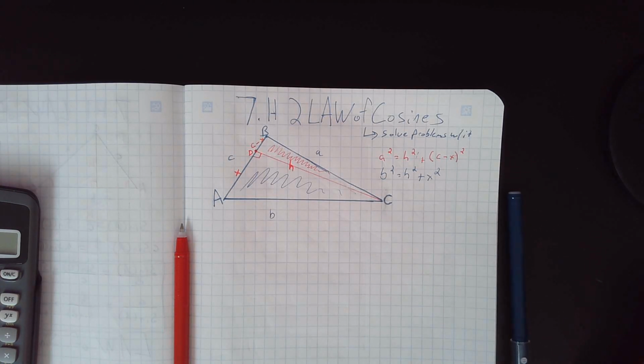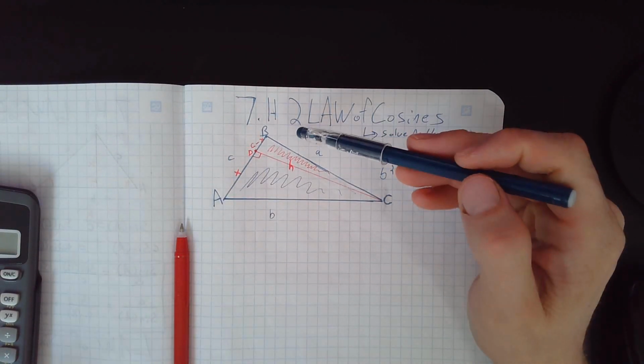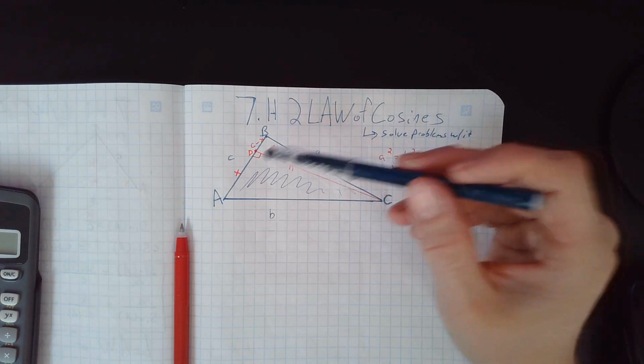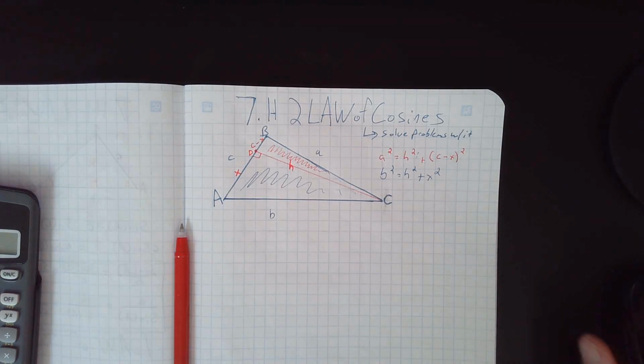Right? And the law of cosines is derived using the Pythagorean theorem, some trigonometry, and some algebra. But to figure it out, if we're going to solve for the cosine of each of these angles, like the cosine of A and the cosine of B, both involve h.